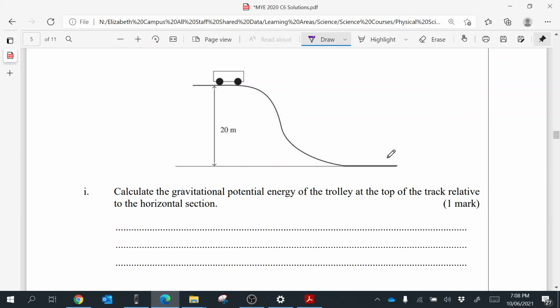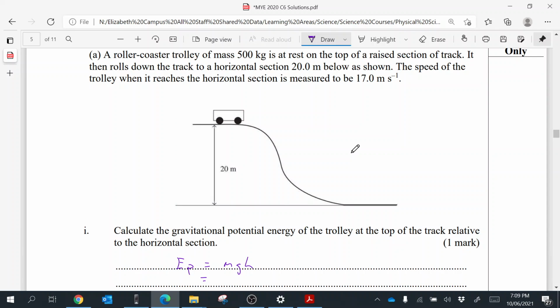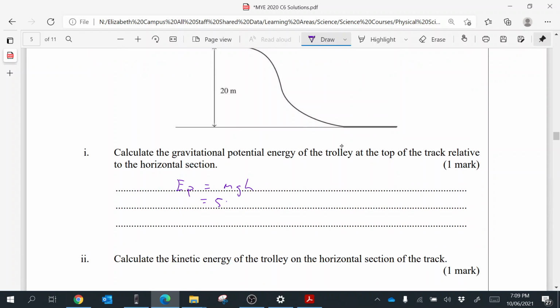Okay, so EP equals mgh, which is equal to, what was the trolley? 500 kilograms times 9.81 times 20.